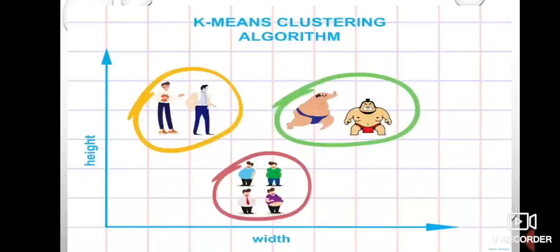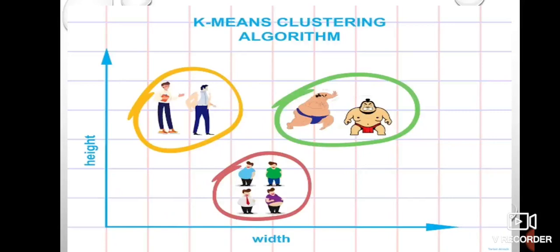So here you can see that I am having some n number of persons. Here n is equal to 8, and I am dividing the 8 persons into 3 clusters. So here k is equal to 3, and the criteria by which I am dividing the persons are height and width.